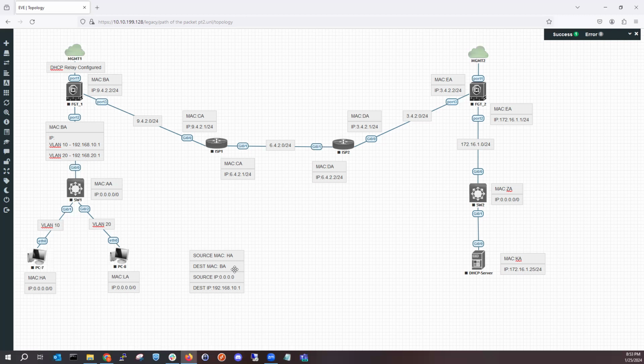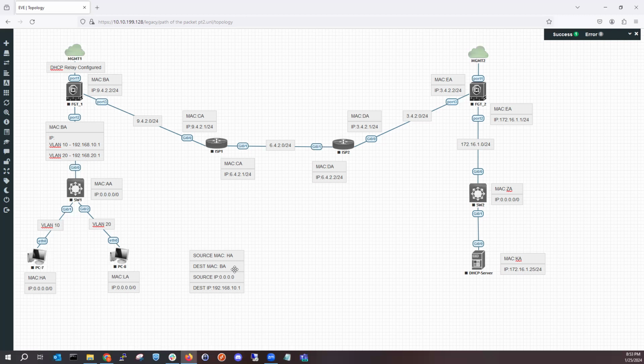it's going to send out a packet saying where is the DHCP server, so that I can get an address. It doesn't know who the DHCP server is. So what is that frame and packet, right?